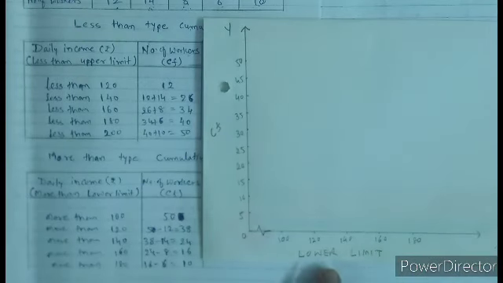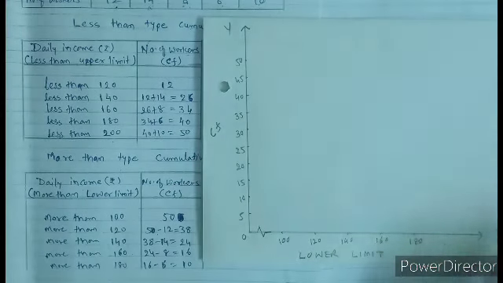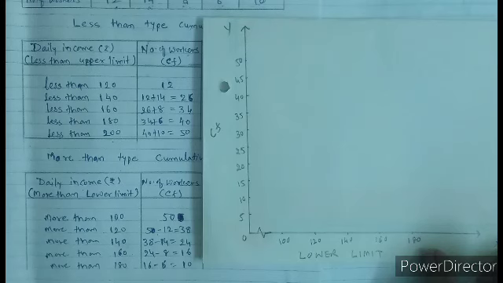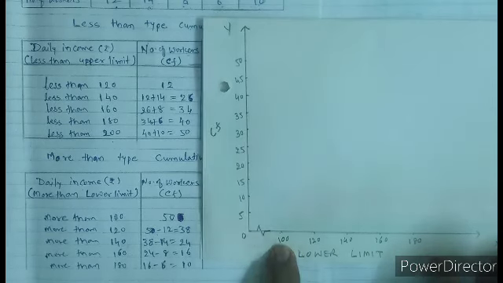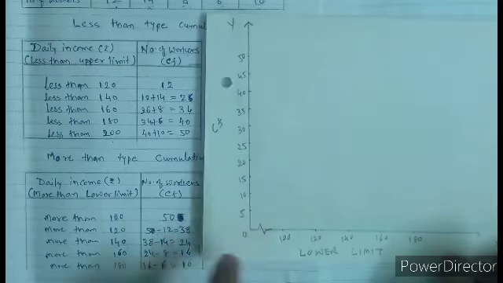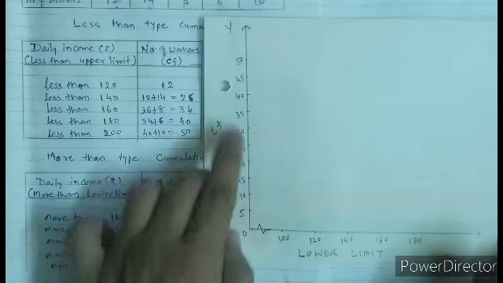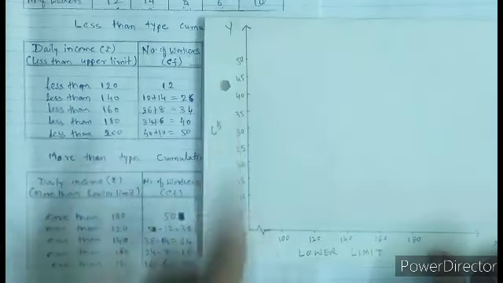On x-axis we have to take lower limits, on y-axis we have to take cumulative frequency. The scale will be the same as we have taken earlier in case of less than type. See here, on x-axis lower limit starts from 100, then onwards 120, 140, 160, 180. Then cumulative frequency from 0 onwards, 1 centimeter equals 5 units and up to 50.